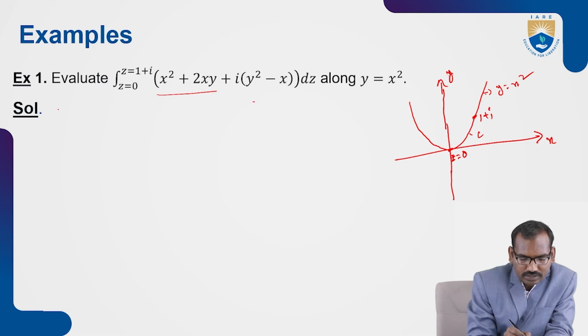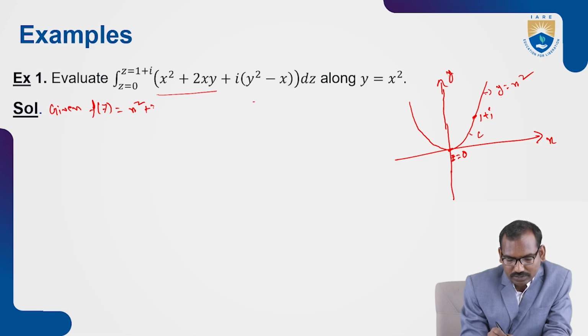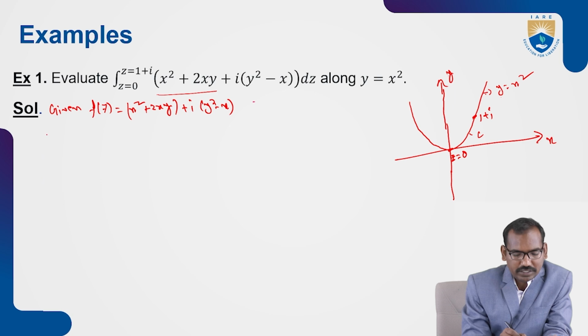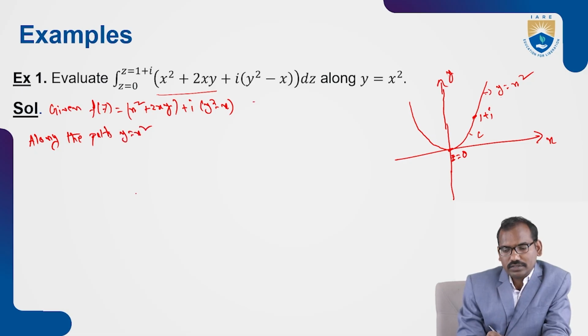So here, given, what is f of z? You write f of z with real and imaginary parts. The real part is x square plus 2xy and the imaginary part is y square minus x. Along the path y is x square, we are performing integration on this path.